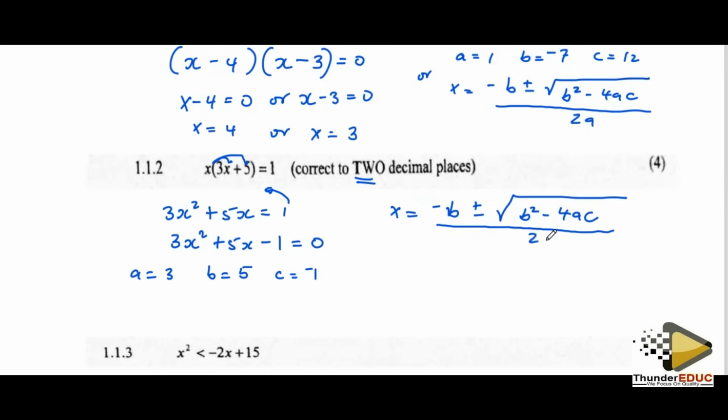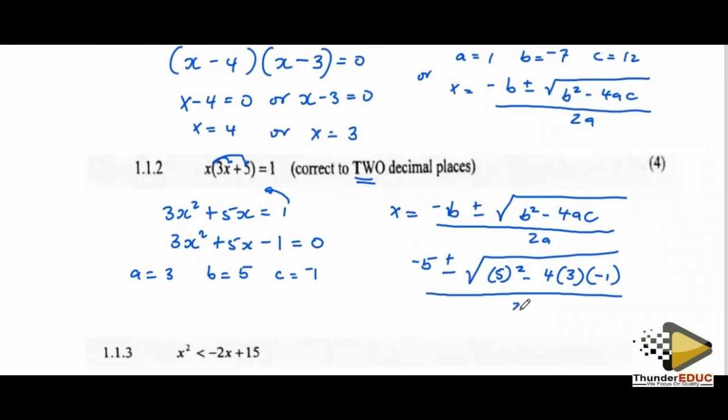Everything is divided by 2a. So my b is a 5, so that's going to be negative 5 plus minus the square root of 5 squared minus 4. My a is a 3 and my c is a negative 1. All this is divided by 2 times 5.